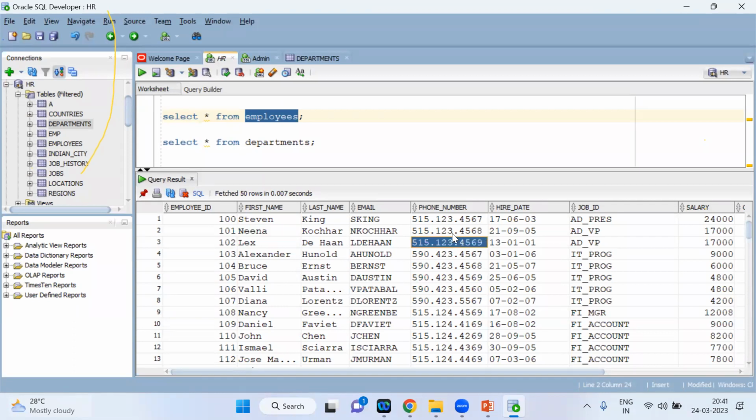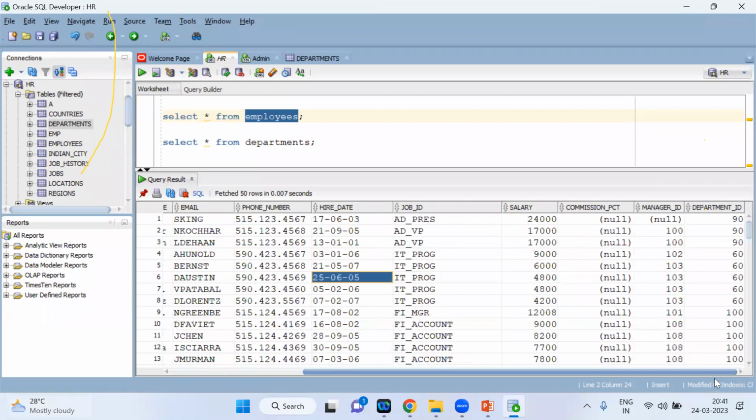The phone number comes with numbers as well as special characters. The hire date is date data, representing dates like 17 June 2003, 21 September 2005, 13 January 2001. So it depends on the data.